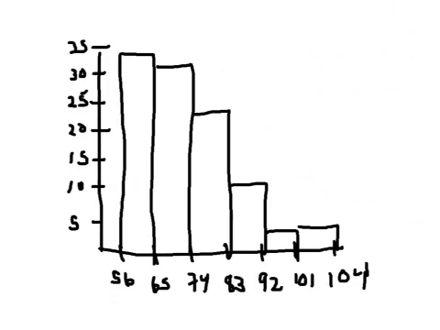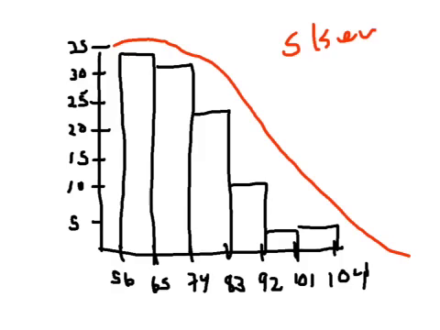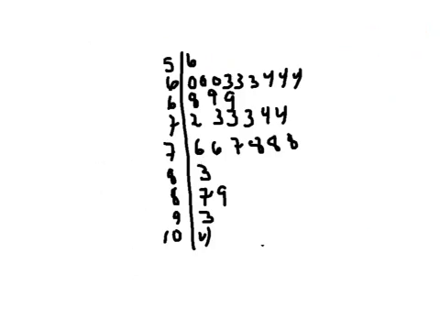Take a look at our next. And again, if I was to draw a smooth curve here, notice we get something that looks like this. And again, here I would say that this appears to be skewed to the right. Look at our next one here, based off of our stem and leaf plot of the exam data set.